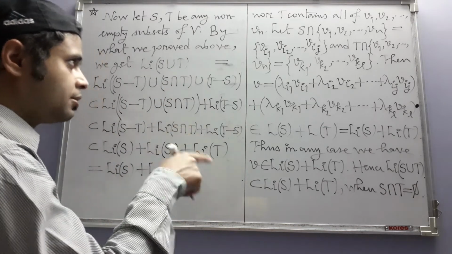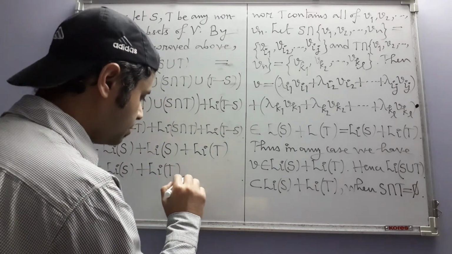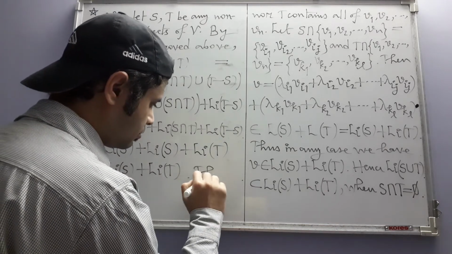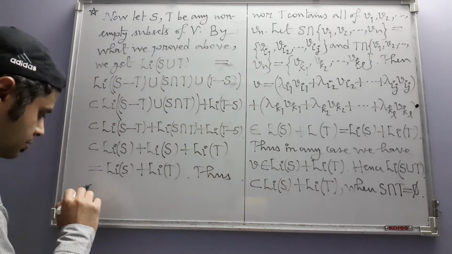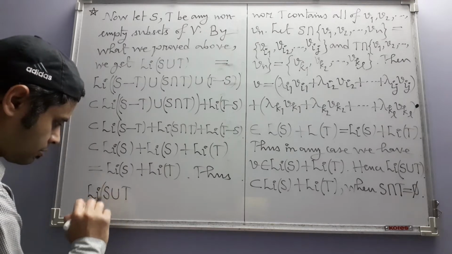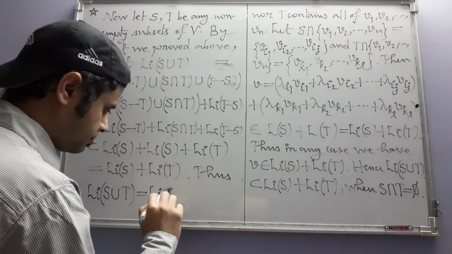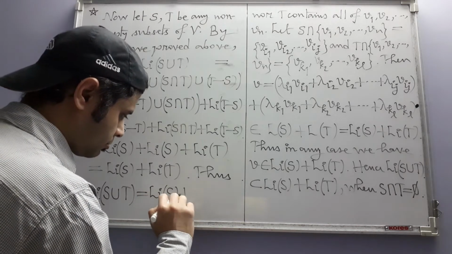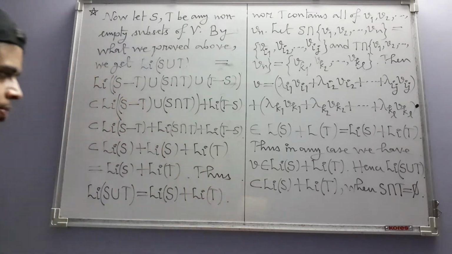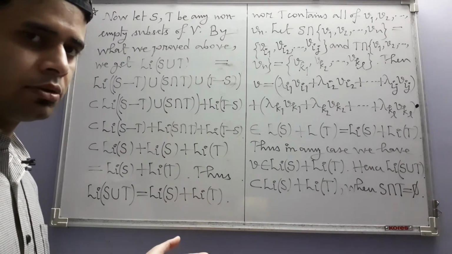Hence, combining the already proved reverse inclusion with this, we get equality. Thus, that completes the proof of part 2. Now we go to part 3.